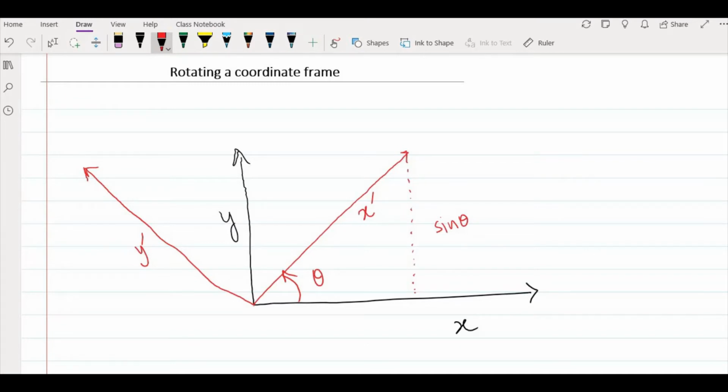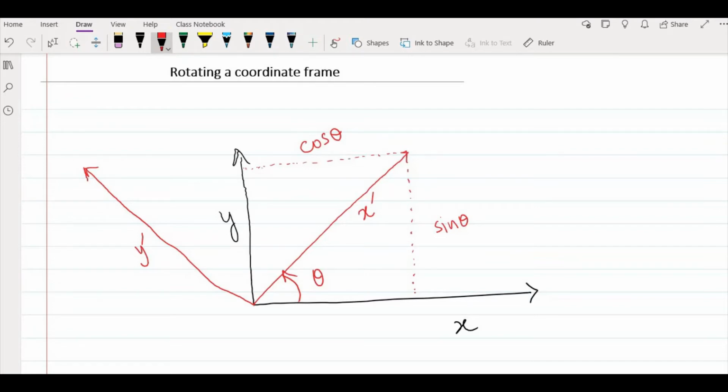Let's make a projection on the y-axis also, and this will be cosine of theta. So we have now successfully resolved the new coordinate x prime into its x and y components with respect to the old coordinates. Similarly we shall do it for the y component also.